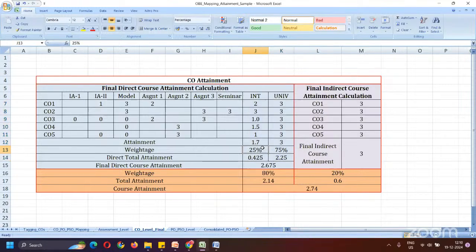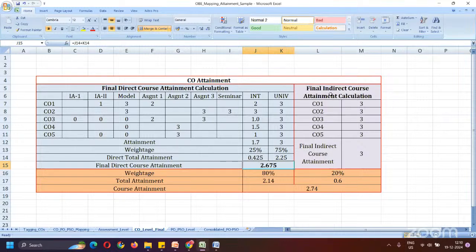We give more weightage to the external exams, and internal marks only 25 percent. Taking the weighted average of internal and external, I arrive at my final direct course attainment.